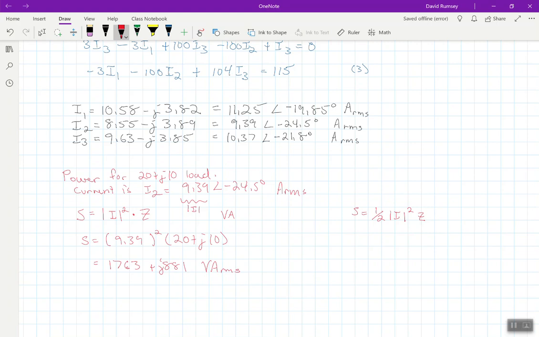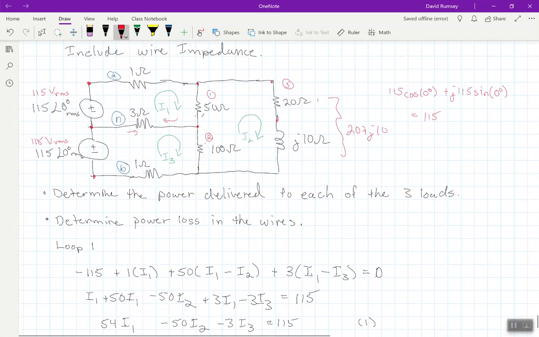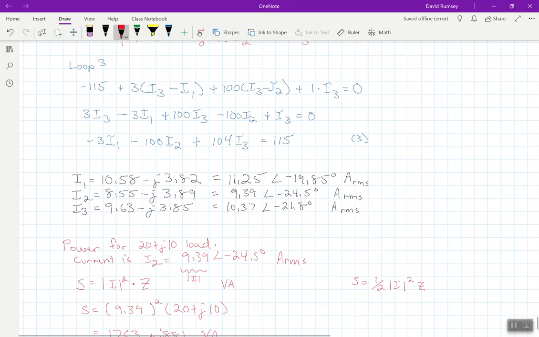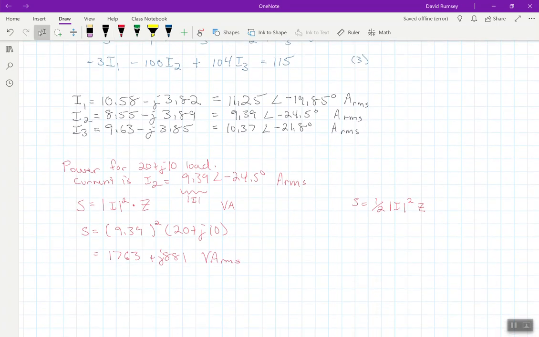Now what that means here is for load 3, because I believe I labeled that one load 3, which is probably why I got confused with it being the current there. So for that, the average power for load 3 is 1,763 watts, and we do have some complex reactive power as well. So Q3 for that would be 881 var.